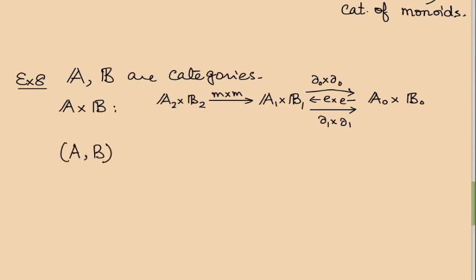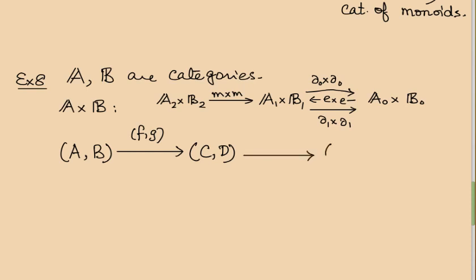The objects are pairs of objects, A coming from A, B coming from B. And what are the morphisms? They are again pairs of morphisms: A to C in A, F, and B to D in B, G.